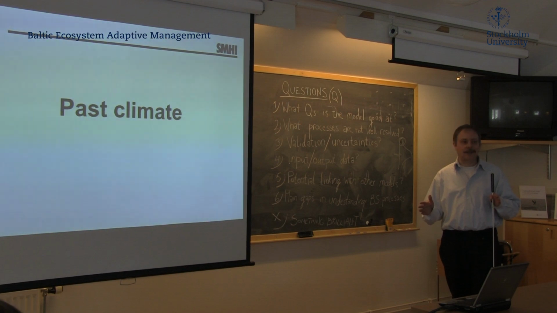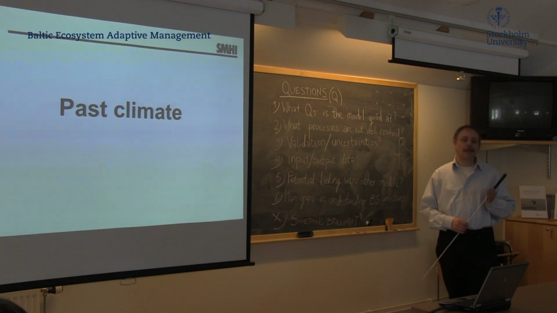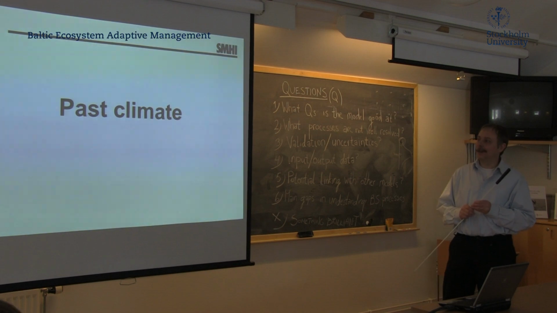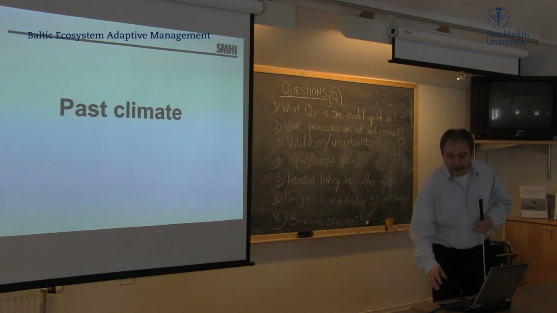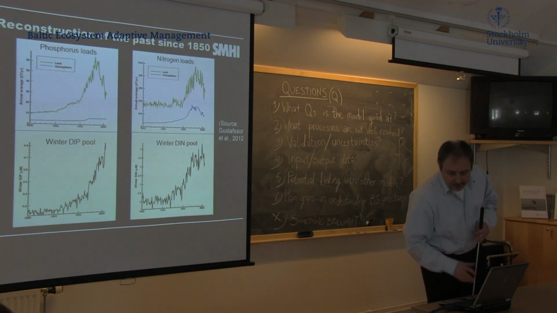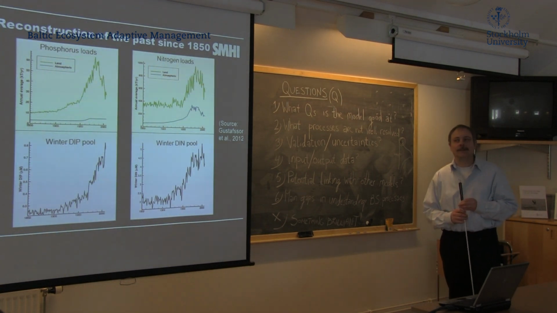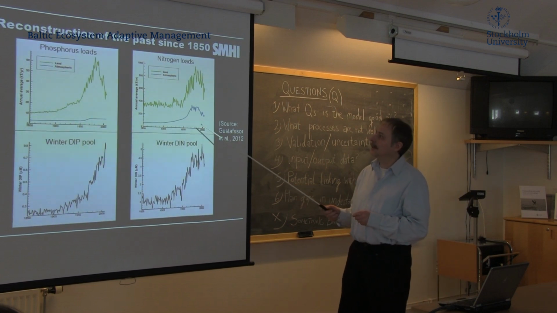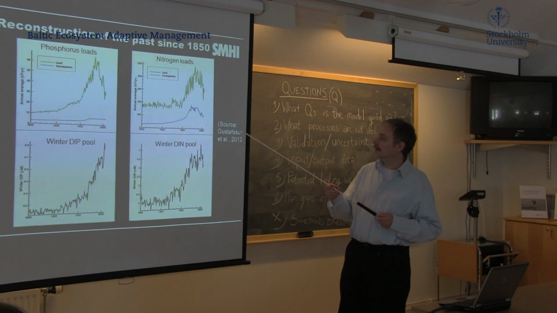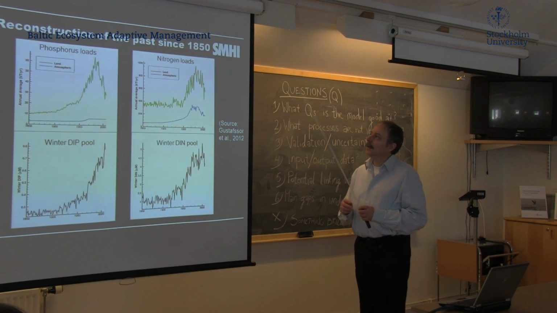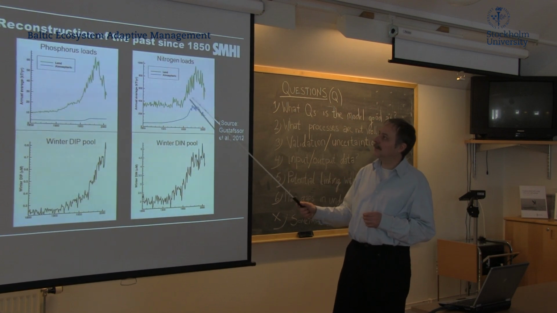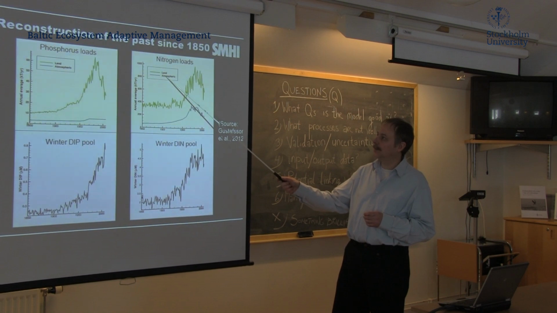If you're not going back a very long time to a state in the Baltic Sea that has been oligotrophic instead of eutrophied. So therefore, in that project we worked with the reconstruction on a much longer time scale, from 1850 until today. And this is a figure from Bo Gustafsson showing the reconstruction of the loads, phosphorus and nitrogen, from land and from the atmosphere to the sea.